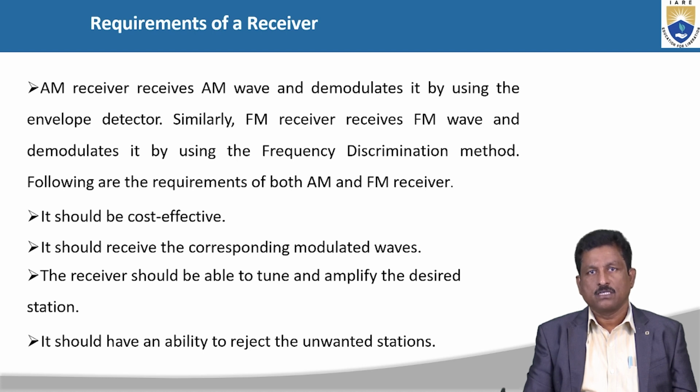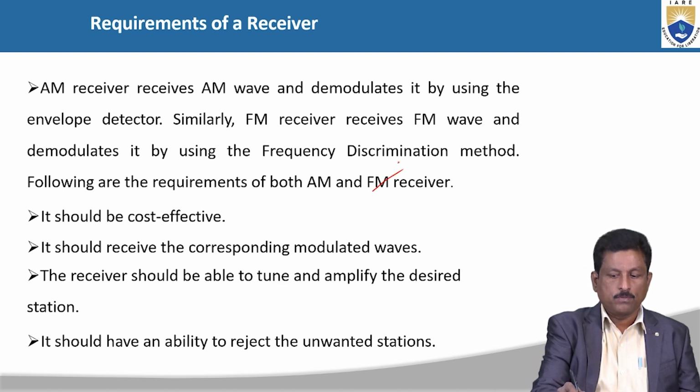Especially for this case, we are going to discuss the envelope detector. Another one, for frequency modulation, is the frequency discrimination method. These are the techniques we are going to discuss for the receiver part.